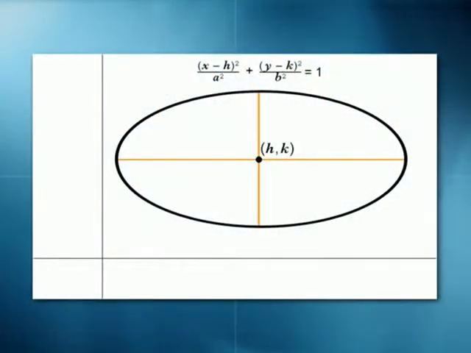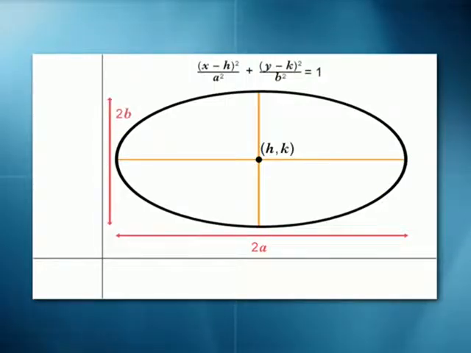Here are pictures of those two situations. In this picture, you see the center (h, k), the major axis of length 2a, the minor axis of length 2b, and that's the equation (x minus h) squared over a squared plus (y minus k) squared over b squared equals 1.